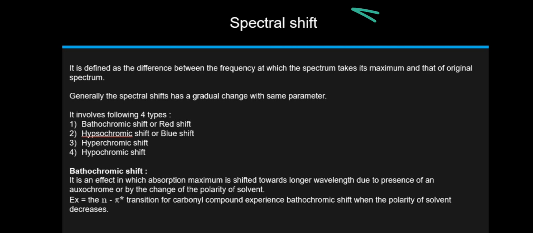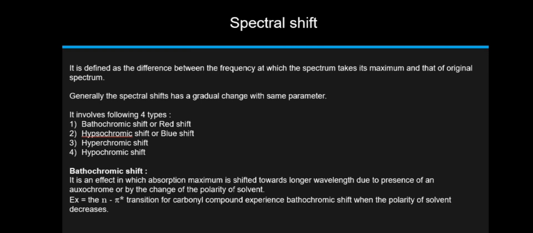Spectral shift. It is defined as the difference between the frequency at which the spectrum takes its maximum and that of the original spectrum. So what spectral shift says is that the position of absorption maximum and absorption intensity can be modified in different ways by some structural changes or change in polarity of solvent.